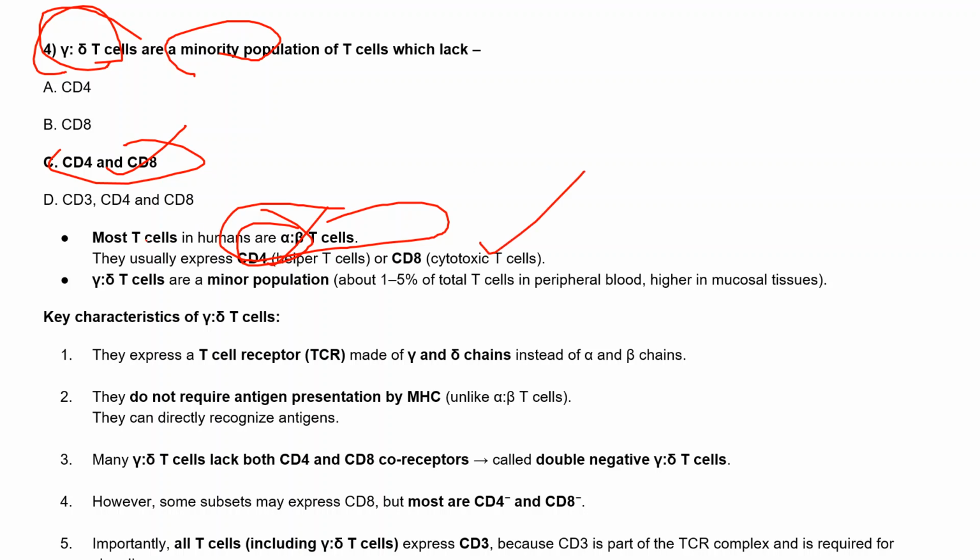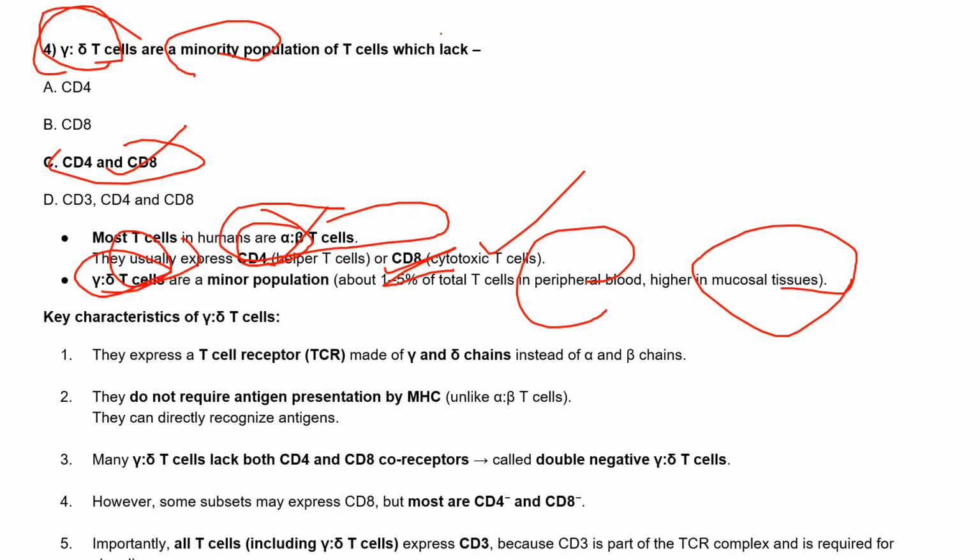But gamma delta T cells are a very minor population, about 1 to 5% of the T cells present in the peripheral blood, though in mucosal tissues they are present in very high amounts.